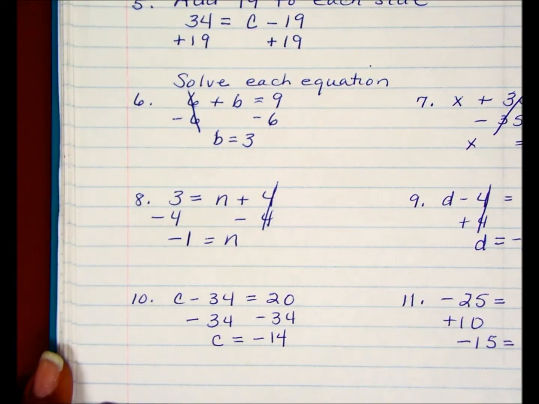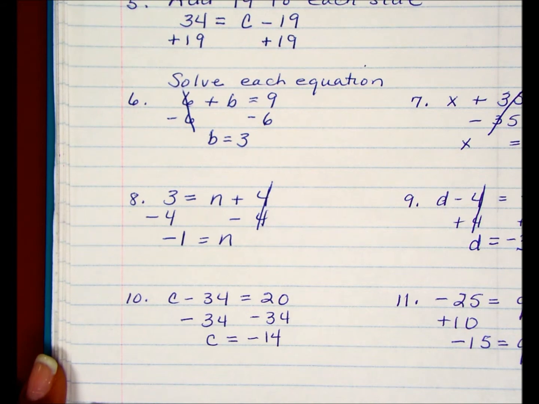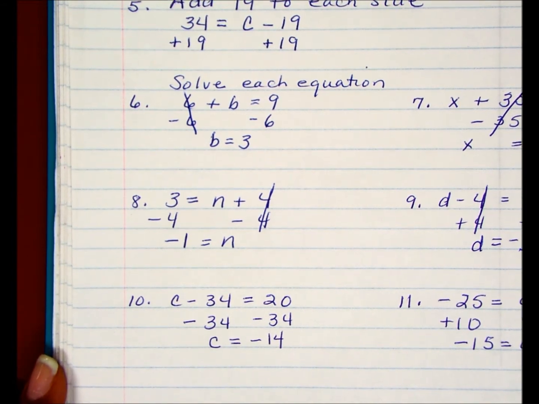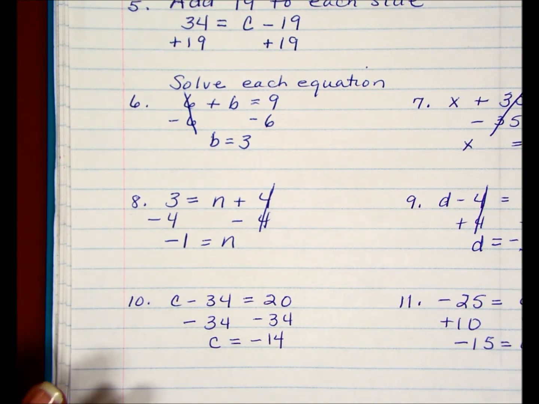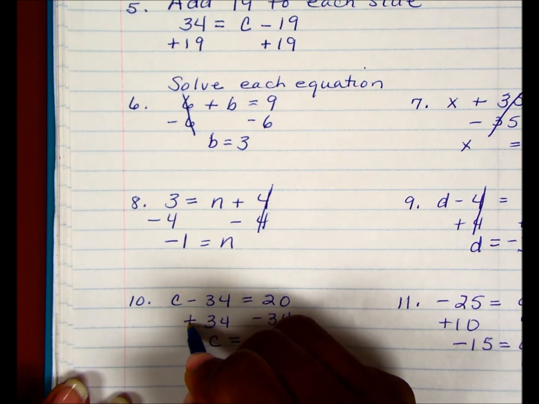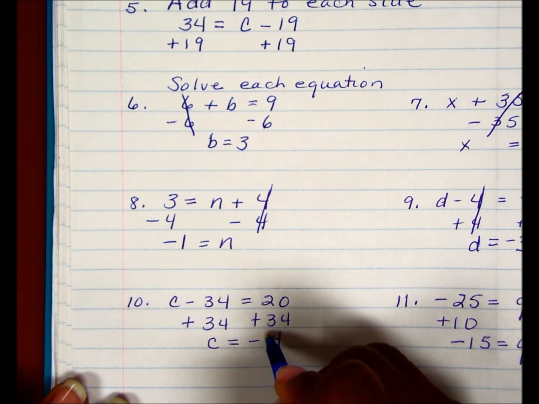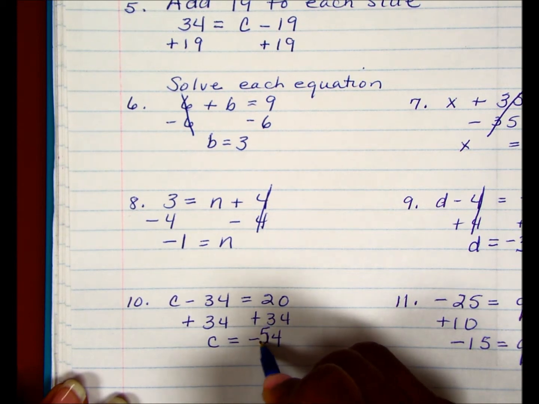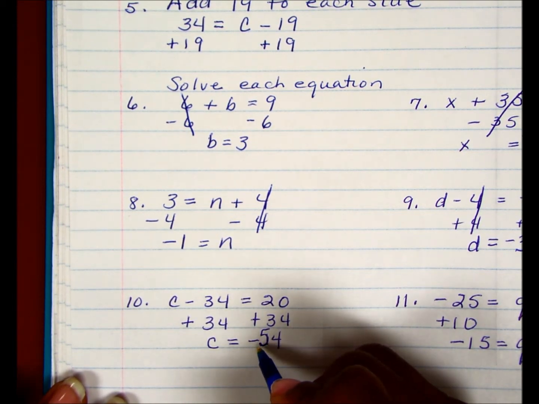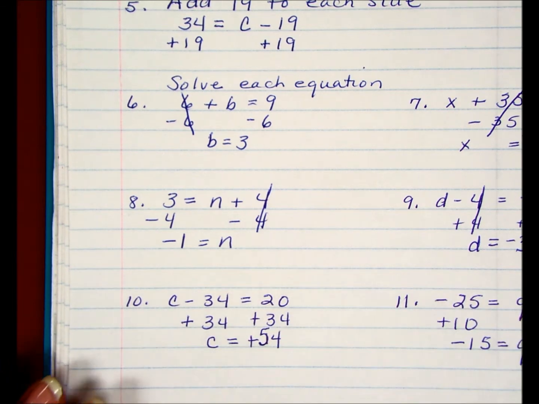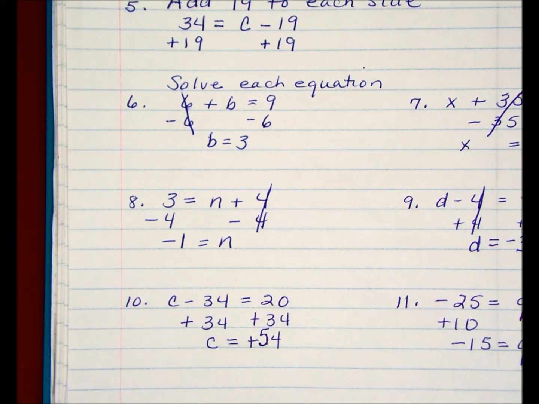For number 10, it says c minus 34 is equal to 20, so we're going to add 34 to both sides. And so we should get that c is equal to 54. A positive 54. I made a mistake there for a minute.